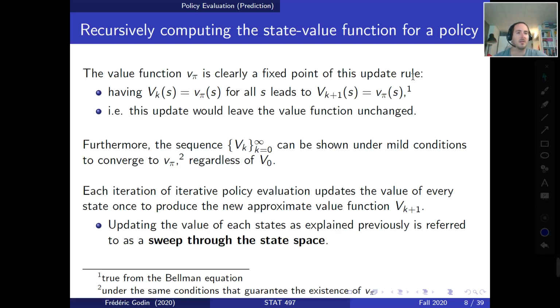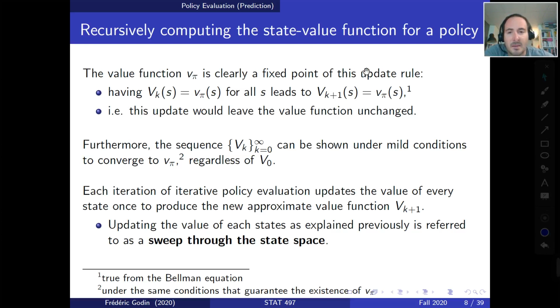Moreover, I've put supplemental material in chapter 4. If you're interested to know a bit about fixed point theory and what we call the Banach contraction theorem, you can refer to these slides. They are not mandatory, but if you're hungry for learning more, it's a good idea to have a look at them.